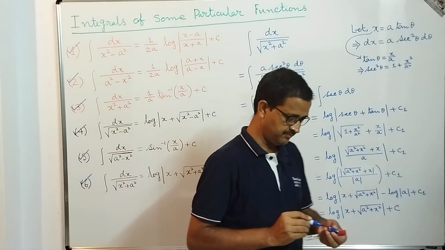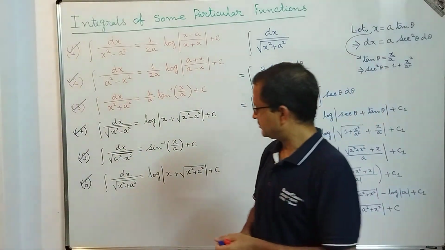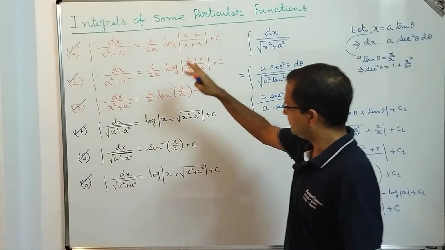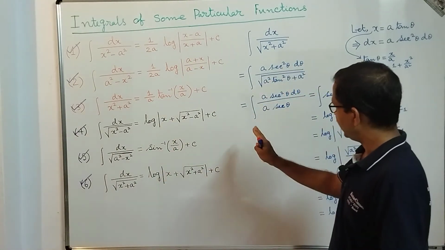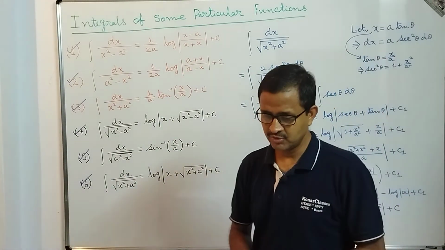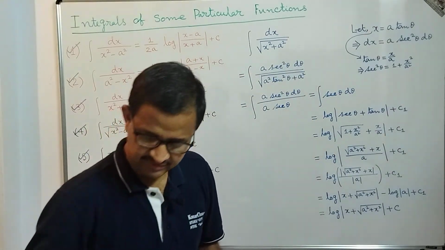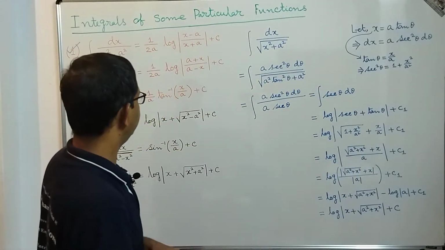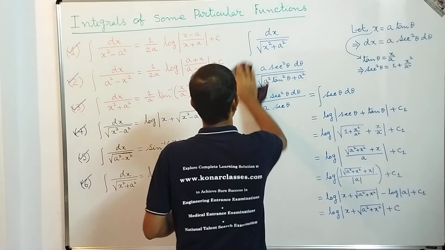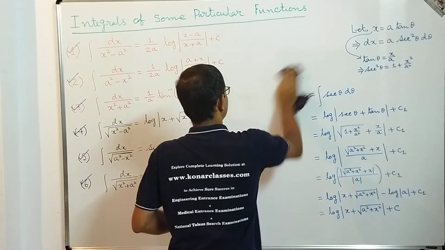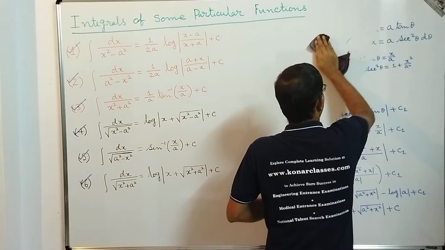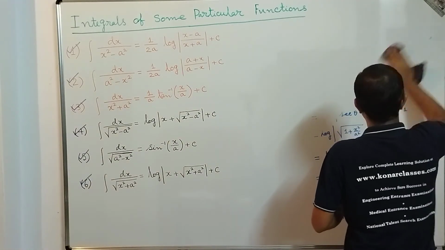And we are done with the sixth formula as well. So now, dear students, let me complete the session here. In another session, I am going to show you some practical integrations, something like this, and how to perform them.